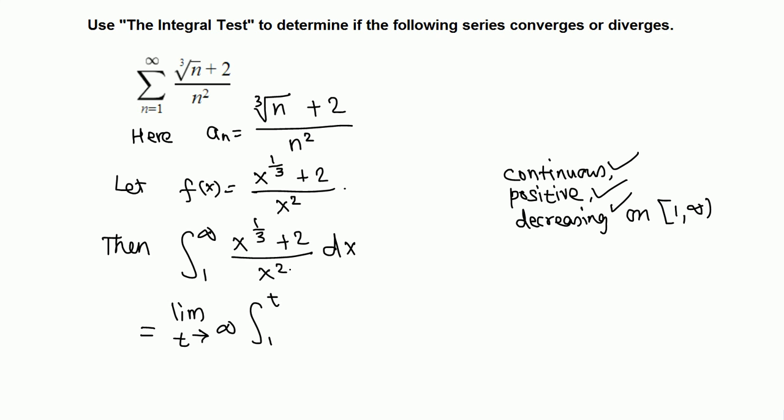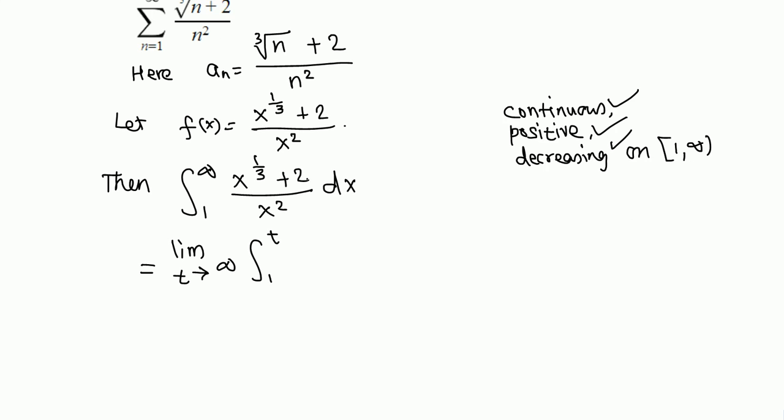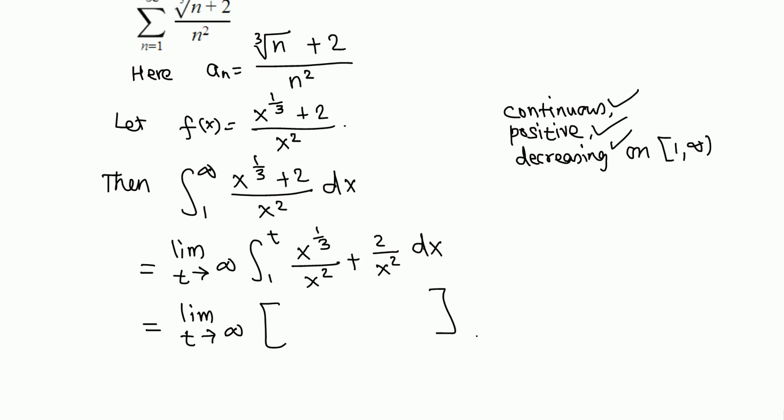At the same time, to evaluate this integral, we have two terms on the top, so I want to split into two fractions: x raised to 1/3 over x squared plus 2 over x squared dx. Let's find this definite integral and take the limit. We go from 1 through t.